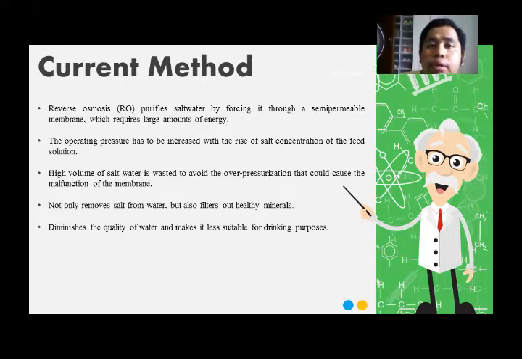Thus, a high volume of salt water is wasted to avoid overpressurization that could cause the malfunction of the membrane. This process not only removes salt from water, but also filters out the healthy minerals. Thus, the quality of water obtained is lower and less suitable for drinking purposes.